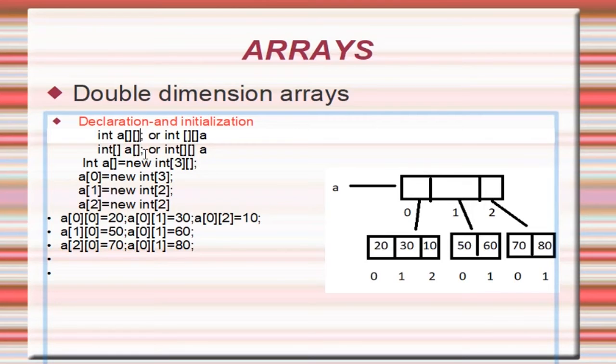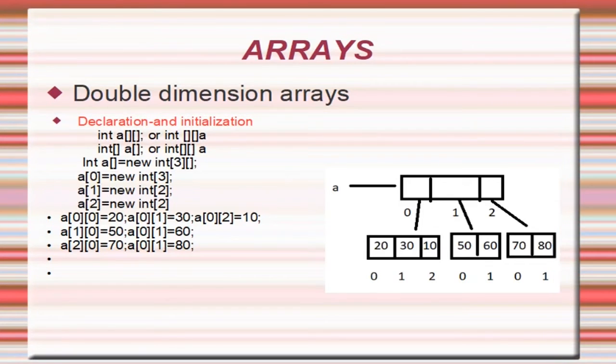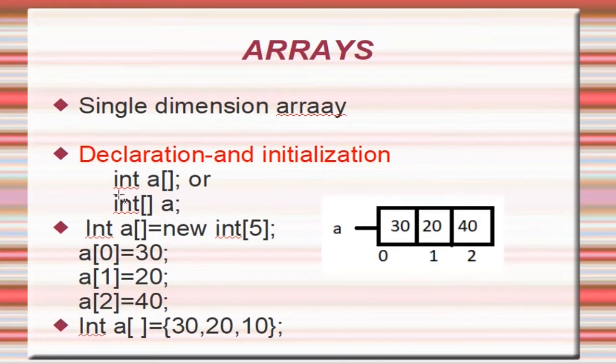Now I'm using two pairs of square brackets here, which means this is a two-dimensional array. In the previous session we have seen arrays with a single pair of square brackets, which means a single dimension array.